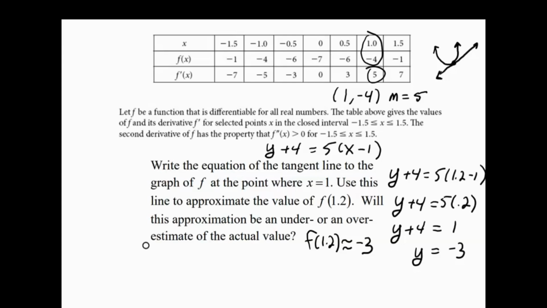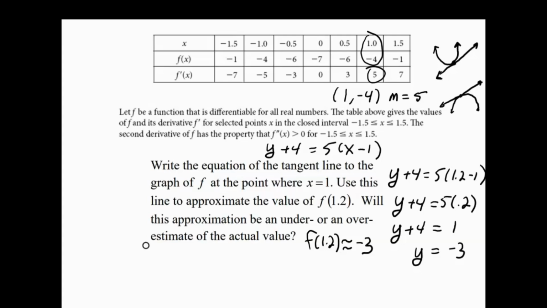So as we move away from the point of tangency, we can see that the tangent line's value is a lot less than the curve. So that means when the function's concave up, it's an underestimate. And if you had your function as concave down, and we connected a tangent line to it, the opposite occurs. This becomes an overestimate.